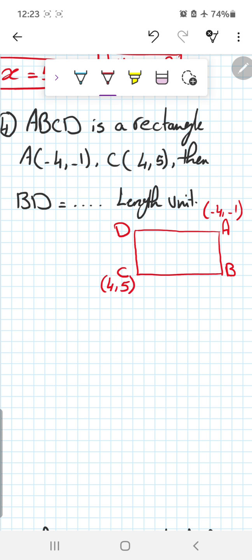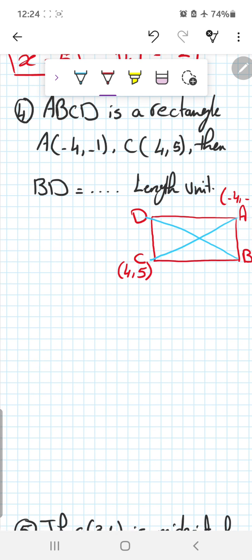Okay, we want to get the length of BD. BD is a diagonal, and we studied before the two diagonals in a rectangle are equal, which means AC equals BD. So we want to get the length of AC.